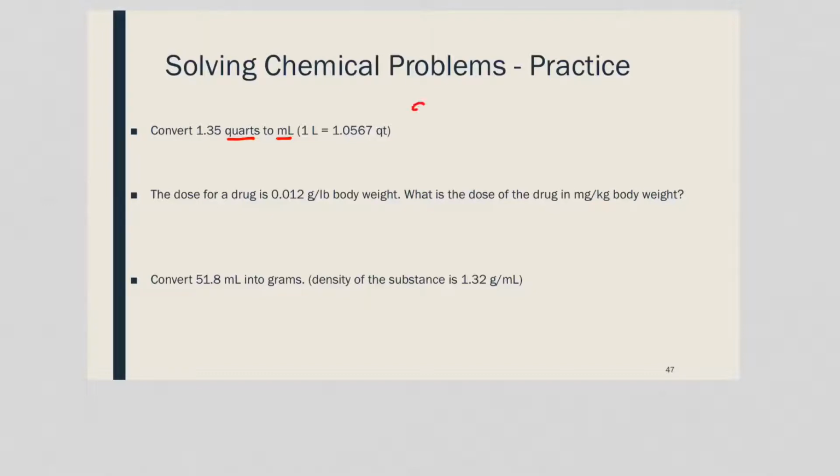So I can very readily go from quarts to liters. And then once I'm in liters, I can quite easily use the metric system to go to milliliters. Okay, so let's put this out following our dimensional analysis. So we're going to start with 1.35 quarts.